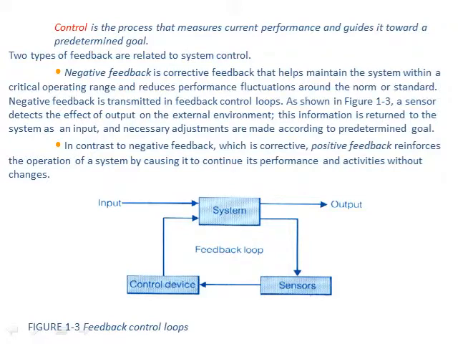So something's not operating correctly within the system, and through negative feedback, we're able to reduce these performance fluctuations around their norm or standard. Or we have positive feedback, which really says the system, or portions or parts of the system, are working as intended, and so it can continue to perform in this manner.